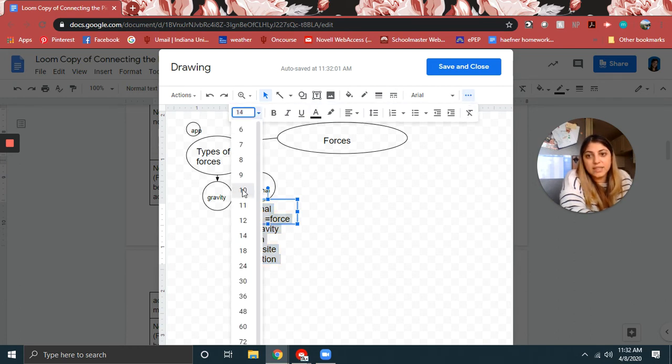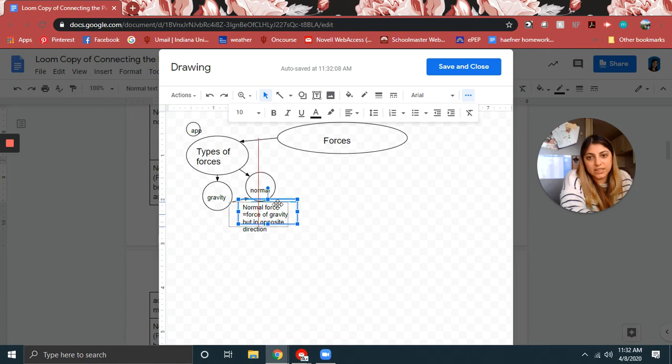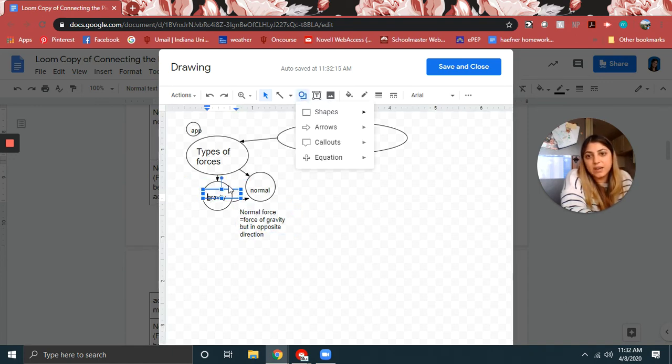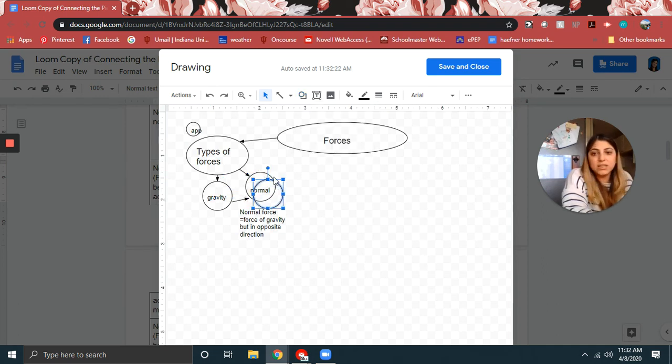So if you're having a hard time getting started, start with just putting things on a paper, and then you'll naturally start to see how they all connect together. So like the types of forces here, I would then include a circle that talks about the mass.